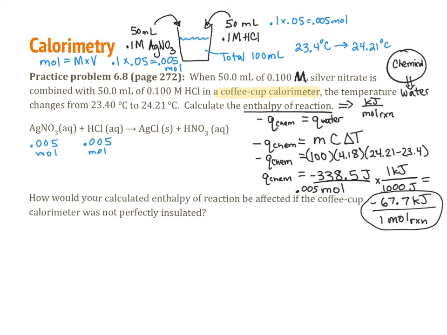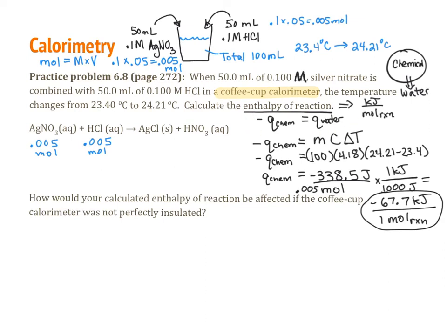This is a very common type of problem for an AP test to ask in the free response section. So I strongly urge you to do a lot of practice with this and make sure you really understand it. We got a follow-up question that's very similar to follow-up questions that tend to be asked in the free response question. So we are making a big assumption when we write our energy conservation equation.